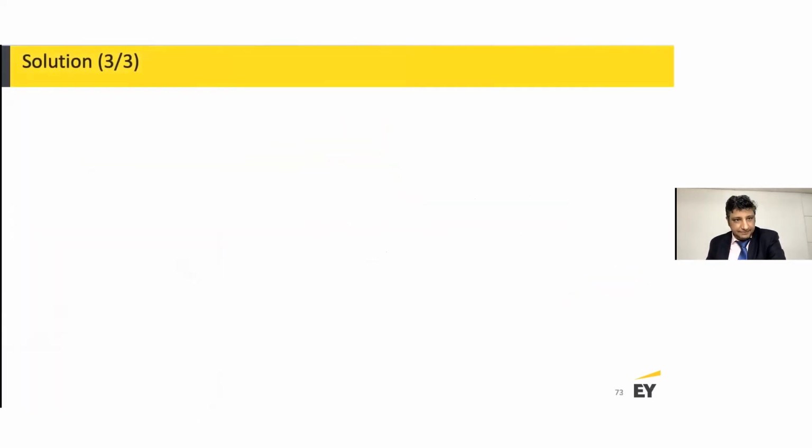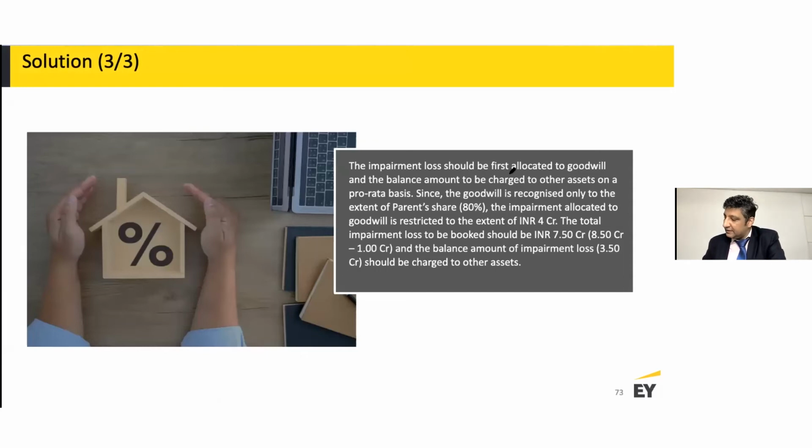Okay, and finally, we start looking at that impairment loss is first charged to the goodwill. Since the goodwill is only recognized to the extent of parent share, we should be also recognizing a loss to the extent of 7.5 crores and not 8.5 crores. And the entire goodwill would be wiped off with this 4 crore rupees amount. And the balance amount of 3.5 crores would be charged to other assets on the basis of the proportion of the value of those in the books.